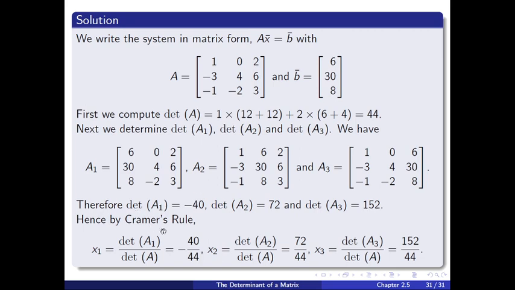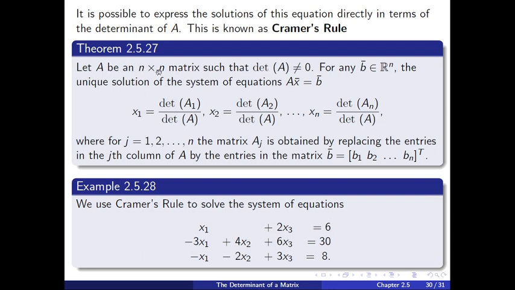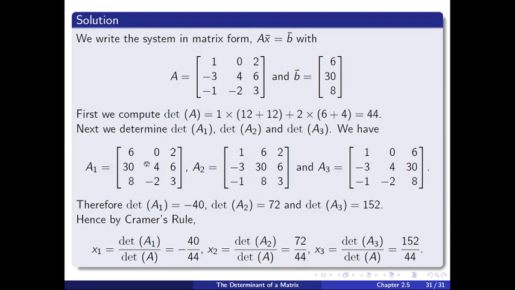So therefore, by theorem 2.5.27, our solution becomes x1 is equal to minus 40 over 44, x2 is equal to 72 over 44, and x3 is equal to 152 over 44.